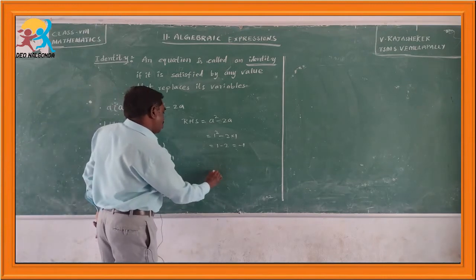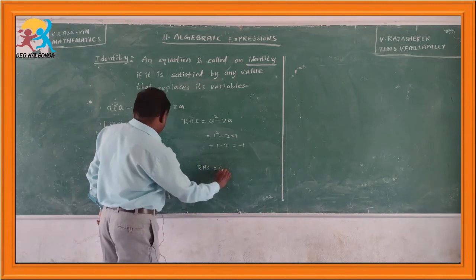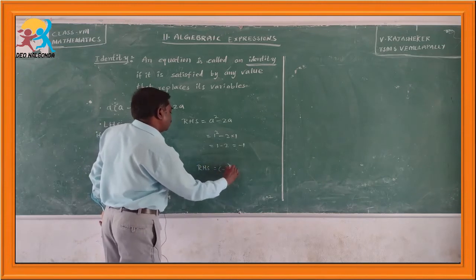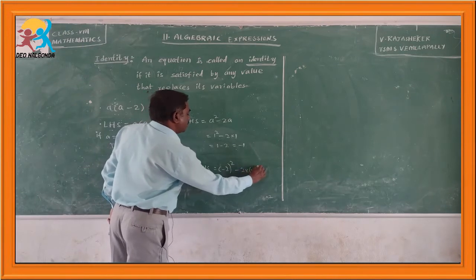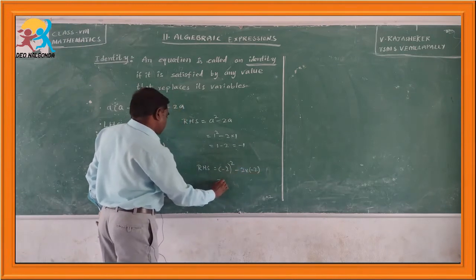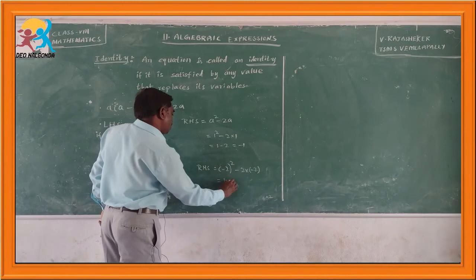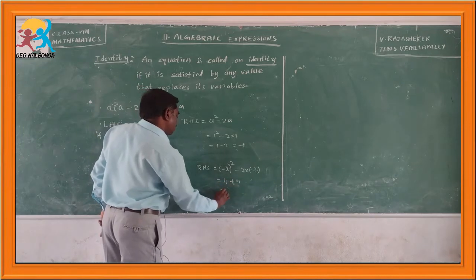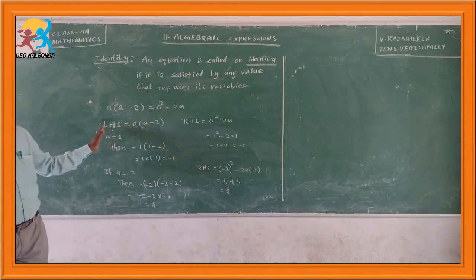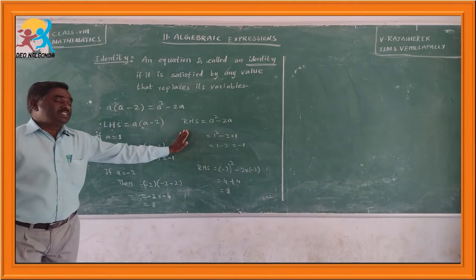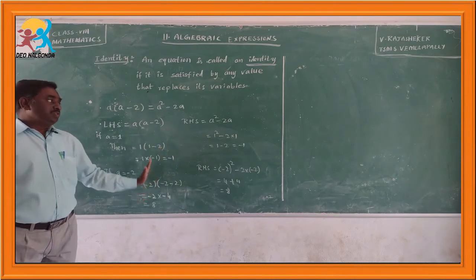Same in RHS: minus 2 square minus 2 into minus 2, that is equal to 4 plus 4, which is equal to 8. For every value, LHS and RHS are the same.